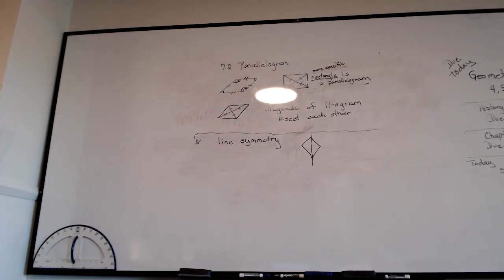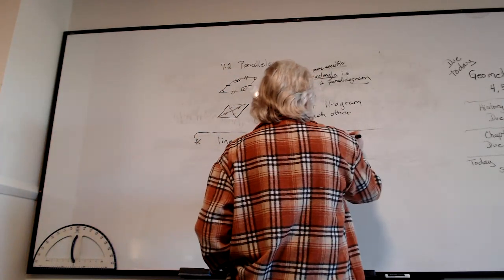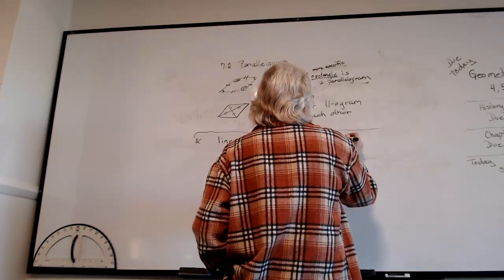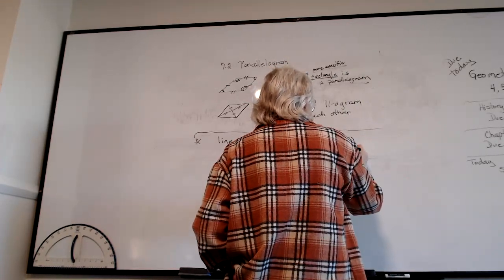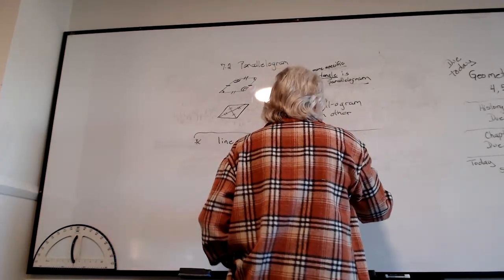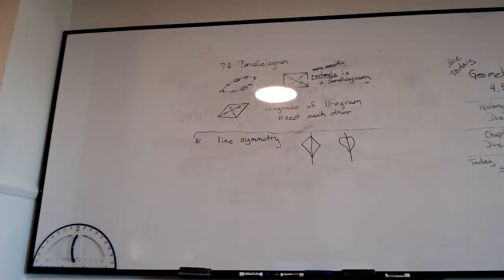That's line symmetry. Another example is a heart. I'm a terrible drawer, so that one does not, but if somebody can draw a really good heart, it has line symmetry, because I can fold it in half and it will be equal on both sides. So line symmetry is always folding it across a line.